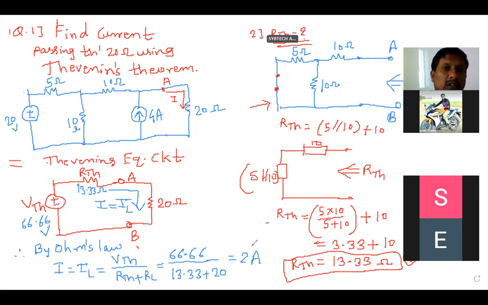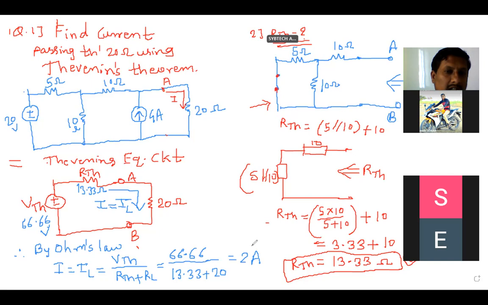So this is how to solve the type 1 problem using Thevenin's theorem. First step: observe the circuit, and between A and B terminal or any two terminals, if any resistor is connected, you can remove it. If terminal names are not given, based on the resistor you can select it, depending on the question, and make these two terminals open.